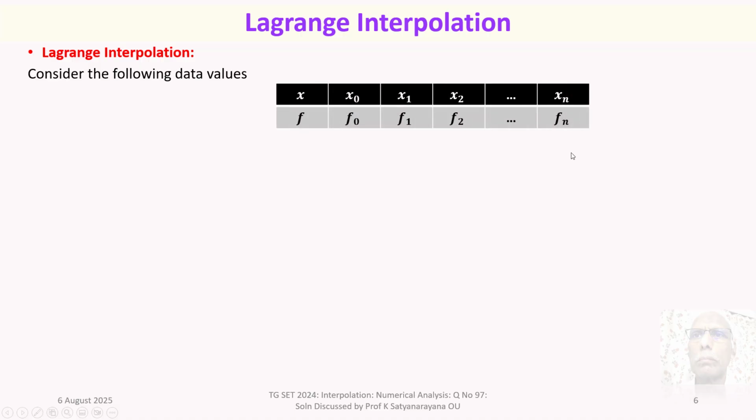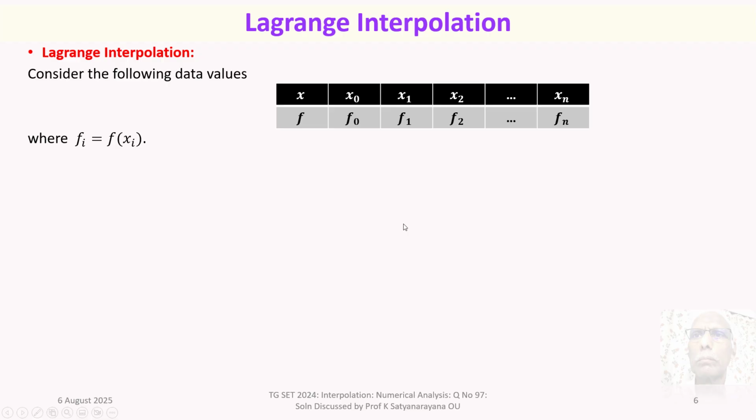At x0, the value of f is f of x0 equals f0. At x1, f of x1 is f1. At x2, f of x2 is equal to f2, etc. At xn, f of xn is fn.